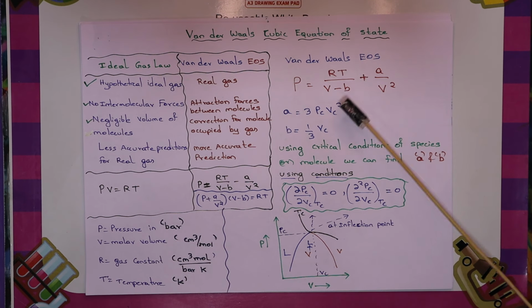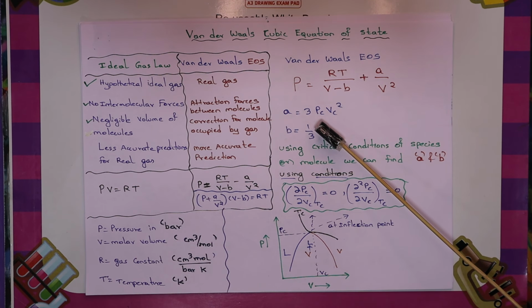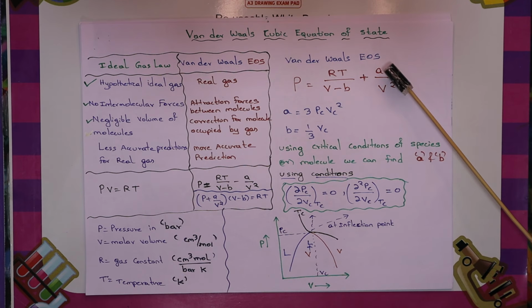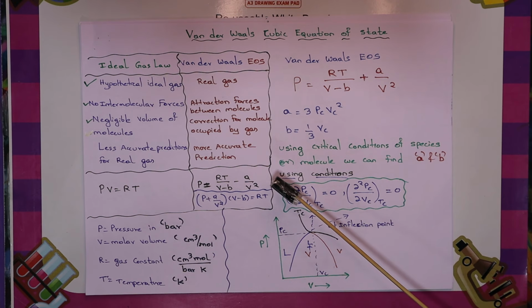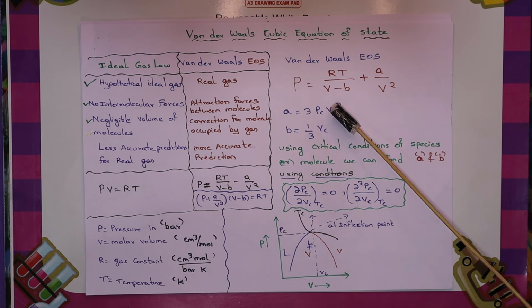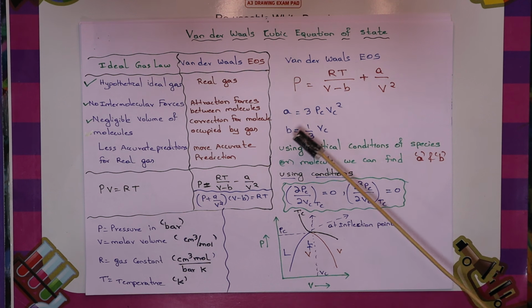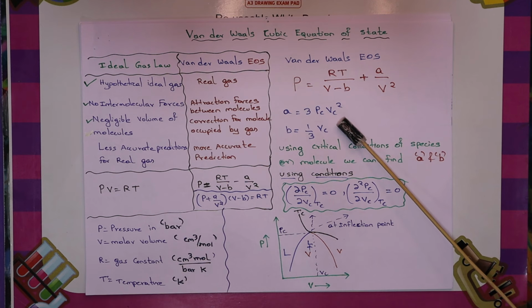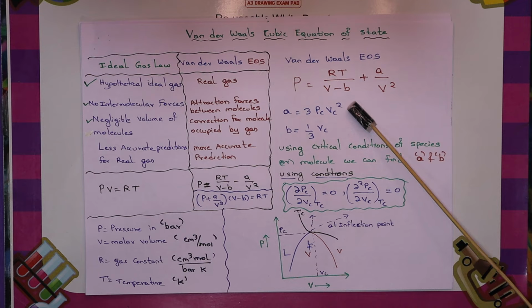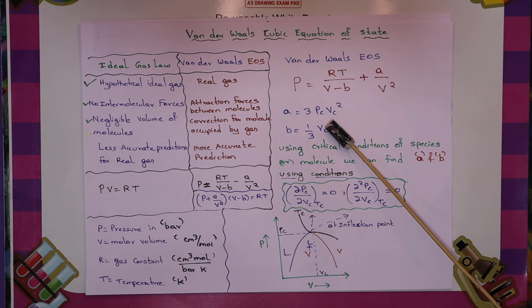There is a certain procedure to get the values of A and B. A is 3 times PC VC square, and B is one third VC. That means there is a specific procedure to get A and B, because every molecule comes with a certain critical pressure and critical volume, which are already available.